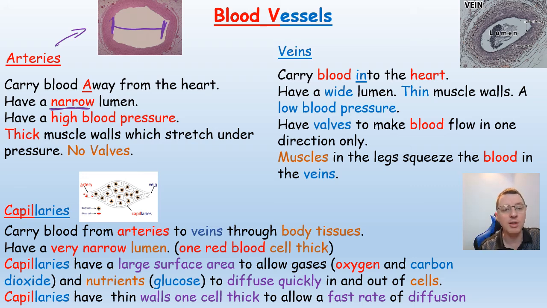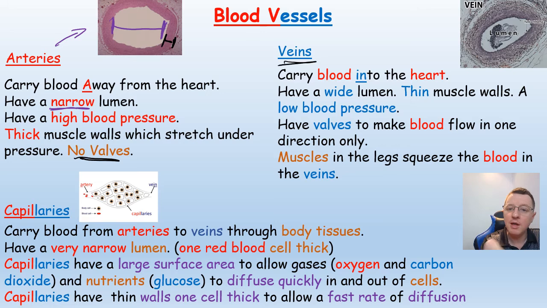So in an artery you will have a very narrow lumen to maintain the high blood pressure, but you will also have thick muscle walls, and those muscle walls will stretch under pressure when the high pressure blood is flowing through them, and they will also contract as well to try and maintain that high blood pressure, and that's known as your pulse. So you have thick muscle walls which will stretch under pressure, and no valves in an artery because valves would slow the flow of the blood.